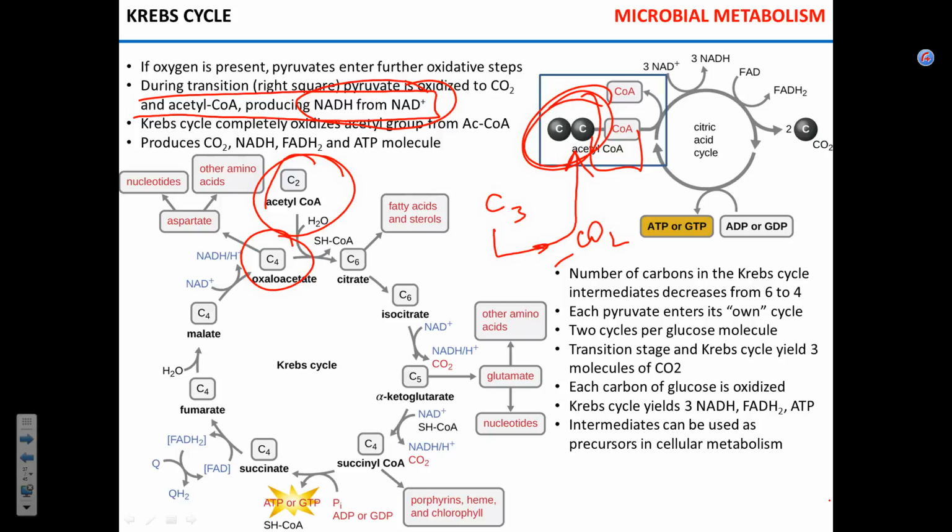I kind of use that interchangeably. So oxaloacetate and acetyl-CoA, C4 and C2, when they're combined, they're going to form how many carbons? C6. It's citrate. That's why sometimes the cycle is called the citric acid cycle.